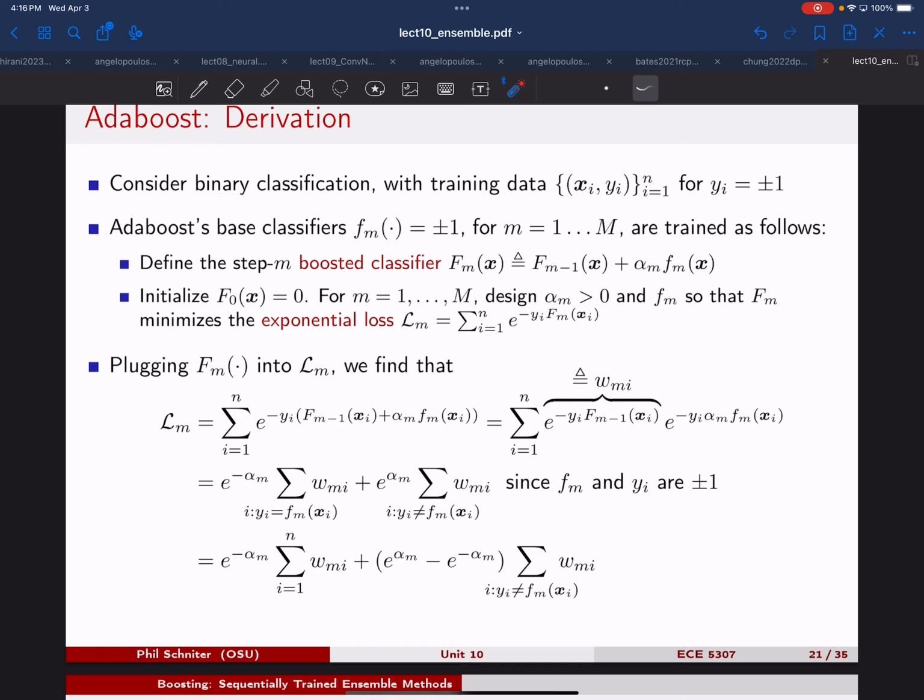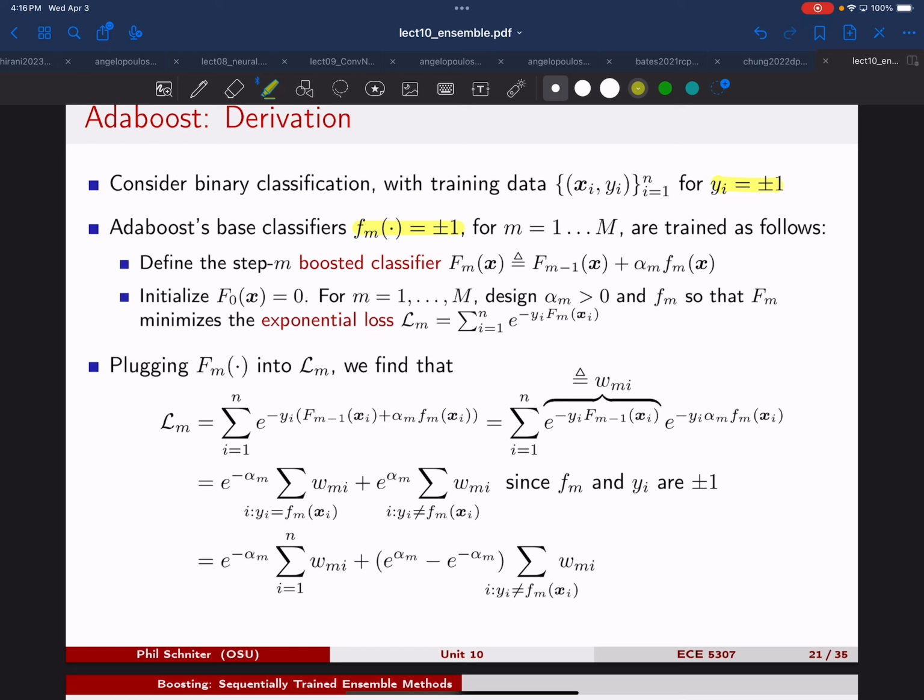So we're going to assume that we have our training data, x, y pairs as usual. And not surprisingly, our y's are going to be plus minus 1, which is the same as the classifiers we're designing.